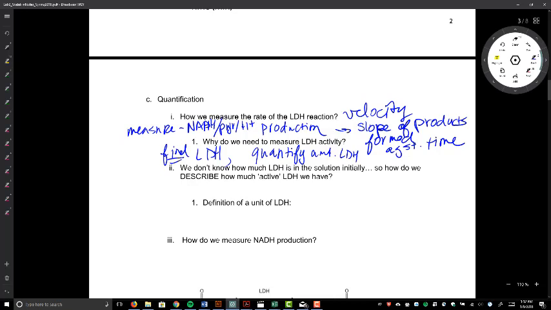And so the way that we can quantify the amount of LDH is by determining the units of LDH in our sample.